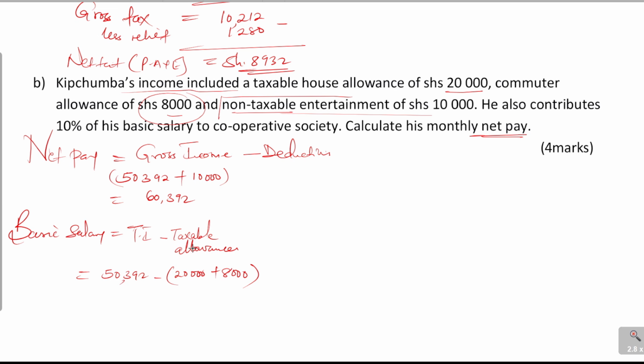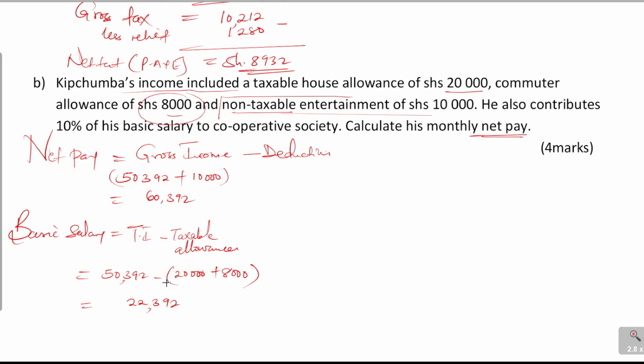So remember, it is the taxable allowances, so you're not going to include the non-taxable allowance. So when you subtract these, you get 22,392. So that is the basic salary.